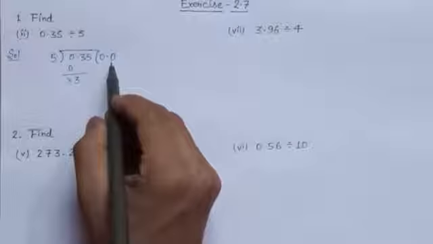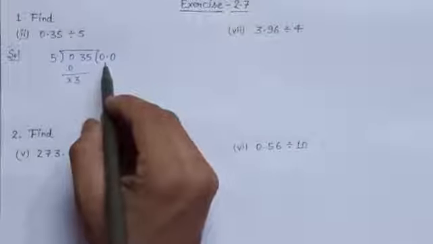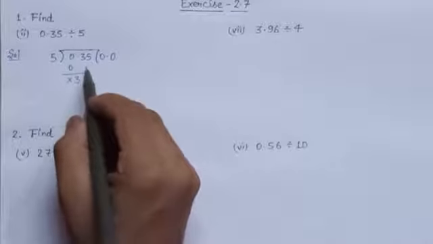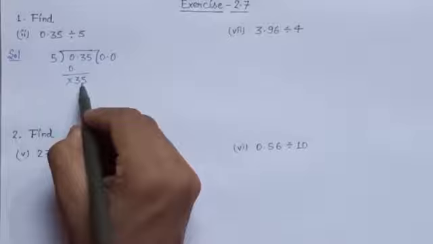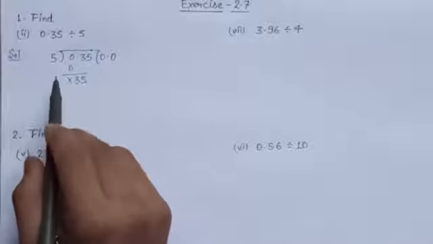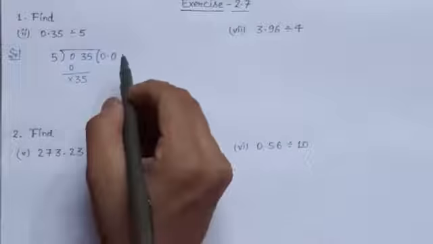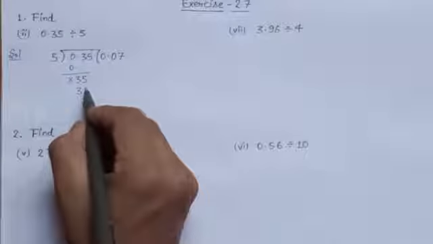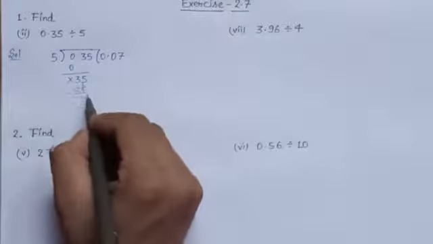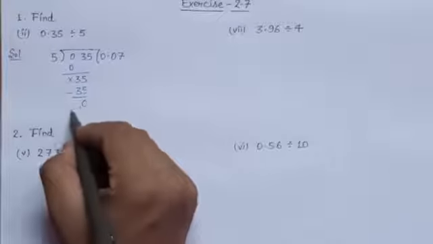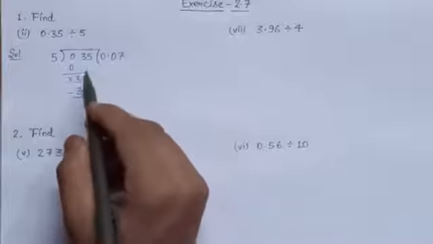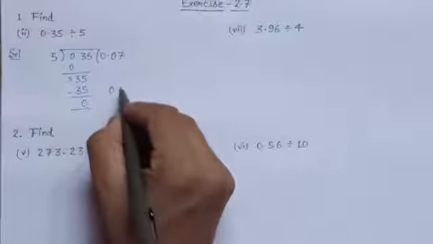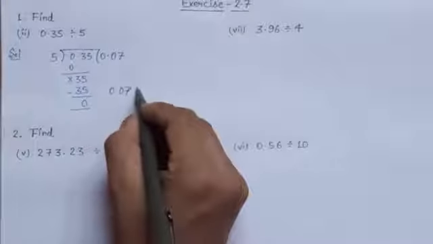And after putting 0, we can also take the next digit here. So we can take 5 here. Now students, we have to divide 35 by 5. So you know 5 times 7 is 35. And after subtracting 35 from 35, we get the remainder 0. So our division is completed. Hence our answer is 0.07.